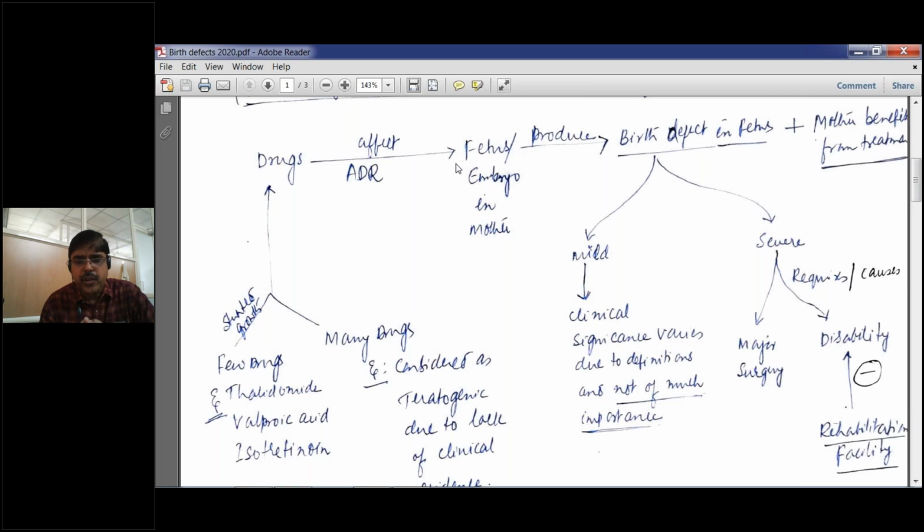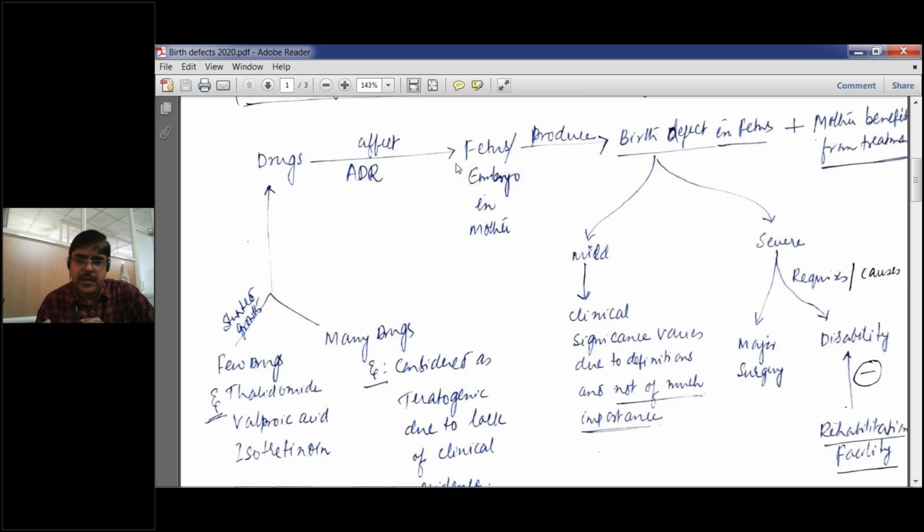Embryo stage is known to be cell development stage, where the susceptibility for the drug action, or the ability of the drug to modify the cell growth, is very much higher when compared to the 8th week onward, that is called as fetus. So some drugs are very potent initially, but less potent subsequently.